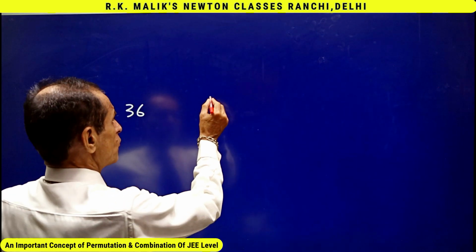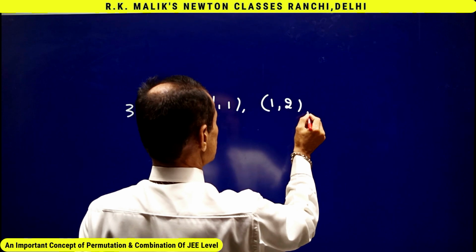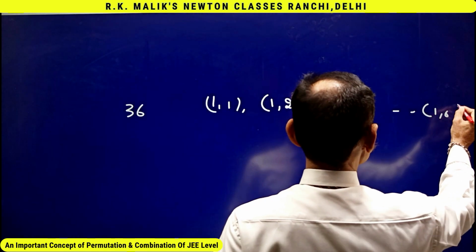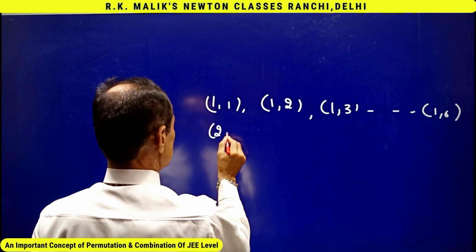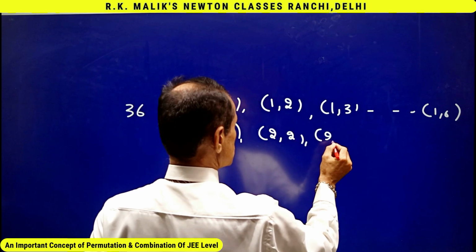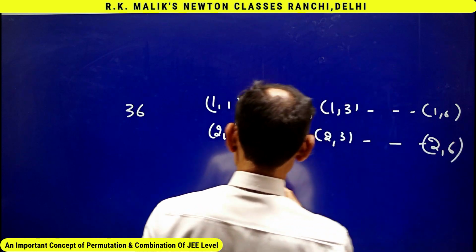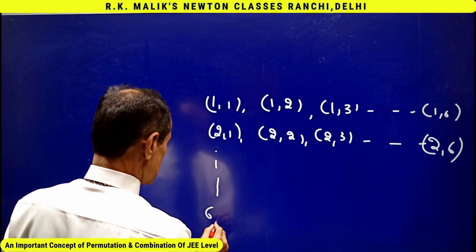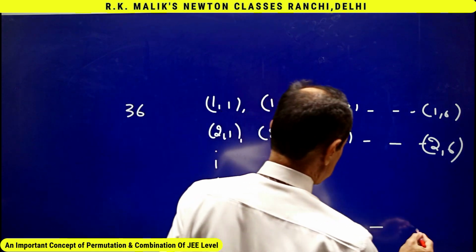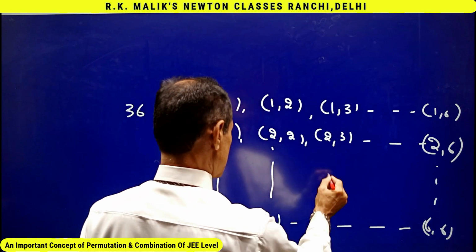Those are 1 1, 1 2, 1 3 up to 1 6, 2 1, 2 2, 2 3 up to 2 6, and the last is 6 1, 6 2 up to 6 6.